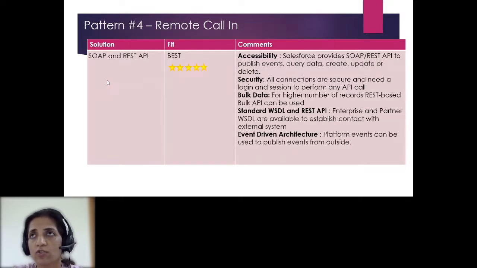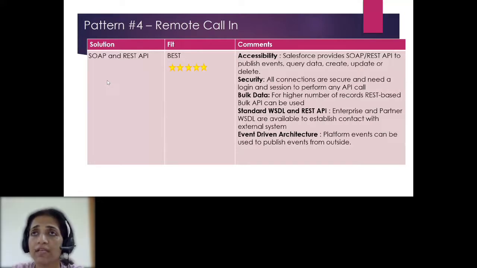As I showed you, all platform events which are available, or which you create on Salesforce, can also be consumed using the REST API. So there's also a way to do that. This is the best way to do that, and it's declarative. The external system would obviously have to parse the WSDL file, have a client stub, and be able to make that call.